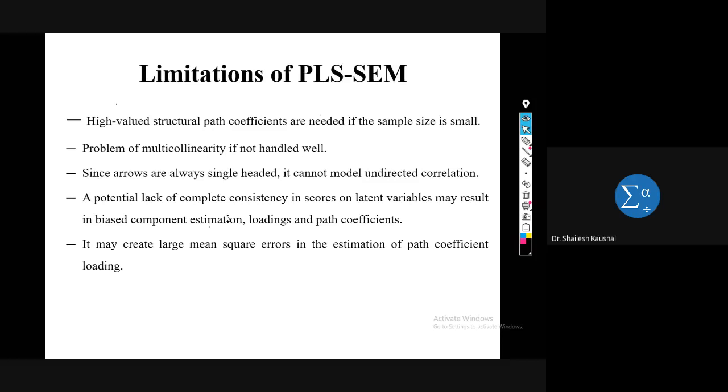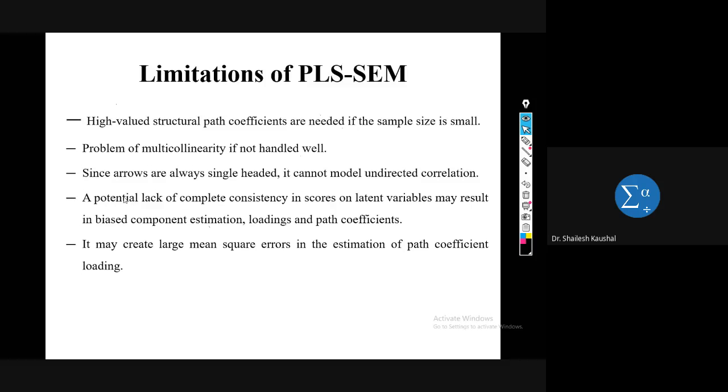Okay. The limitations of PLS: high-value structural path coefficients are needed if the sample size is small. So the regression coefficient value should be high if your sample size is small. Problem of multicollinearity if not handled well. So there may be a problem. It means whatever questions we are taking to measure the construct, then the construct, the discriminant validity, or the issue of multicollinearity, means among the constructs also there should not be an issue of multicollinearity.